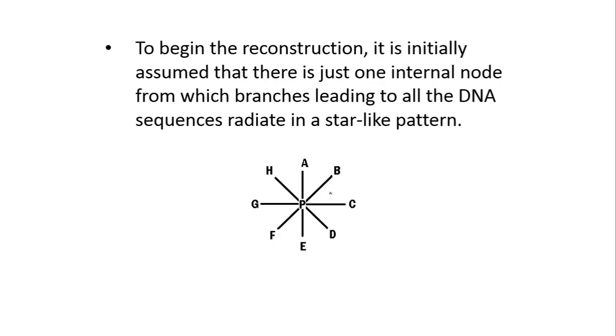We would assume that all of the sequences originated from a single ancestor. Well, this is a wrong assumption, but we have to start from some place. So we assume that all of the sequences we are dealing with have originated from a common ancestor, and this common ancestor is P, and they radiate in a star-like pattern.